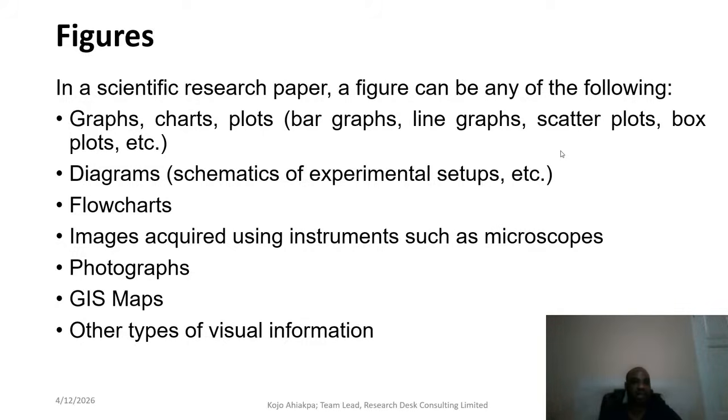You can present them as graphs, charts or plots: bar graphs, line graphs, scatter plots, box plots, and several other graphs that you can use to summarize your work. So once you understand your data structure, it will determine the type of graph, chart or plot that you can use to communicate your findings.